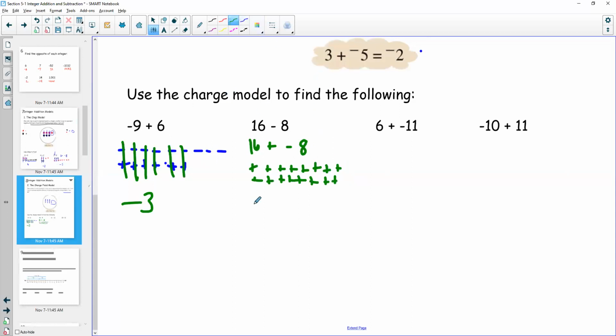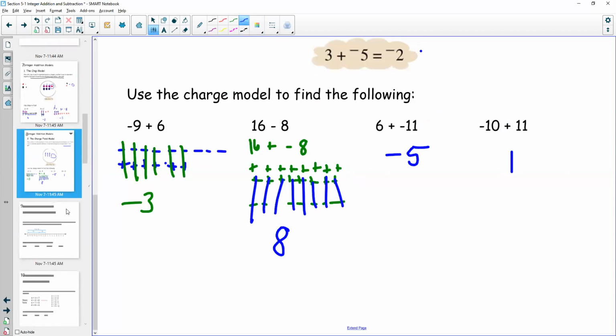And then 8 minus signs. 1, 2, 3, 4, 5, 6, 7, 8. I'm going to make my zeros. I can make 8 zeros. And then I'm left with a +8. Okay, you see where this is going. So you should be able to draw the models for 6 plus a -11 and get a -5 in your picture, and -10 plus 1 and get a -9 in your picture.